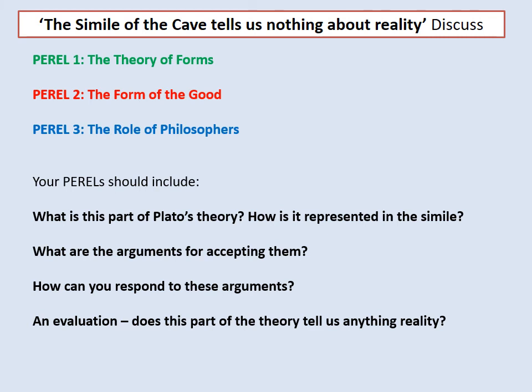On a basic level, the simile is saying that most people in society don't really understand what's going on properly, and that you need to break away from the normal way in which society works to understand reality, and that has a resonance throughout many ages. It's the basis of Buddhism, that most people are trapped in greed, ignorance, and delusion, and then to really understand the truth, you've got to get away from that.